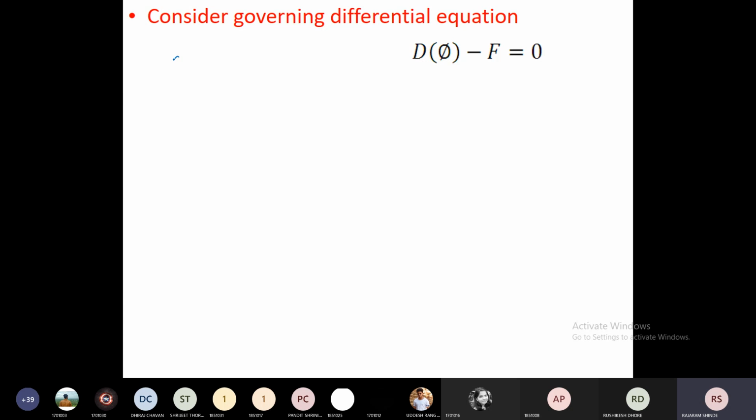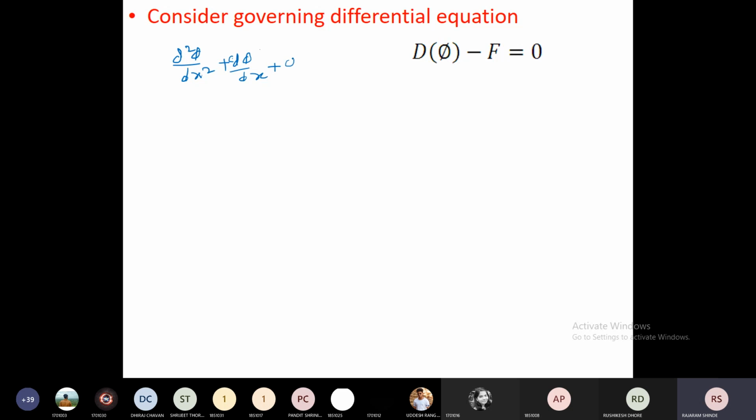Suppose it is a second degree equation, that is d2 phi by dx square plus a into d phi by dx, where a may be a constant, or there may not be a constant.